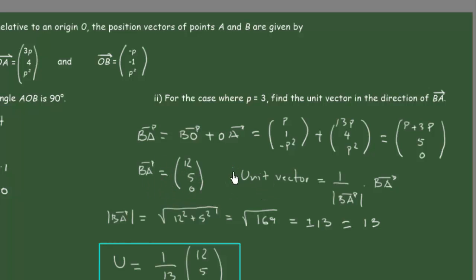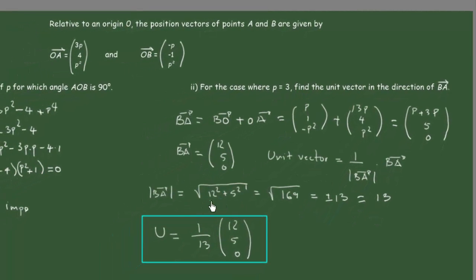And using the formula of a unit vector in this case, which is 1 over the absolute value or the distance of BA times the vector BA, we found the absolute value of BA, which is plus minus 13 by square rooting, but because it is an absolute value, it definitely means that we're going to take the positive value. And then we used all those to write our unit vector U, which is equal to 1 over 13 times the vector BA. And this is how you can work it out.